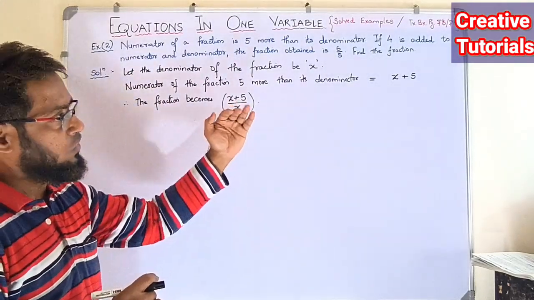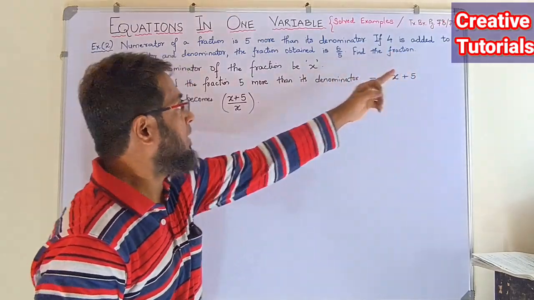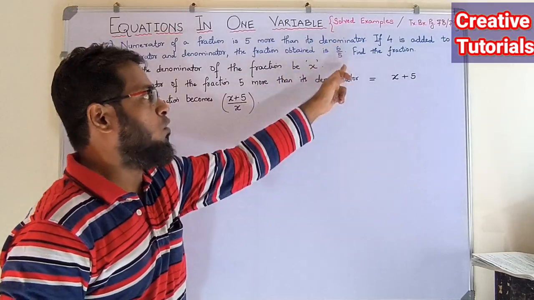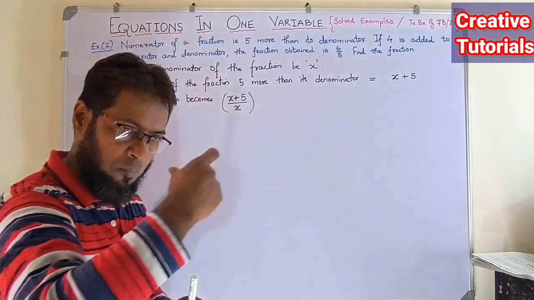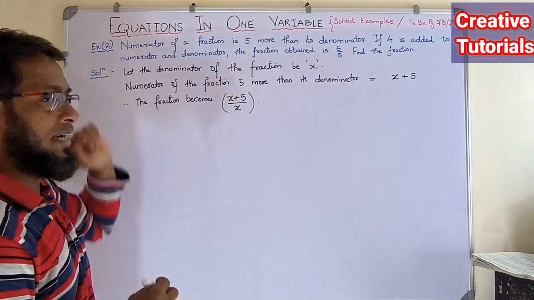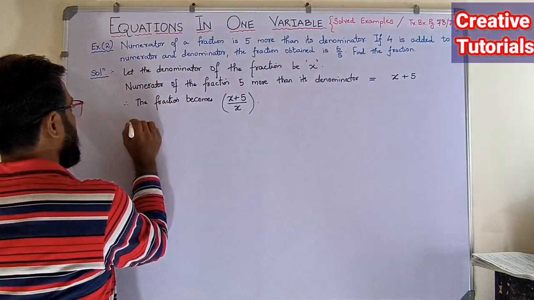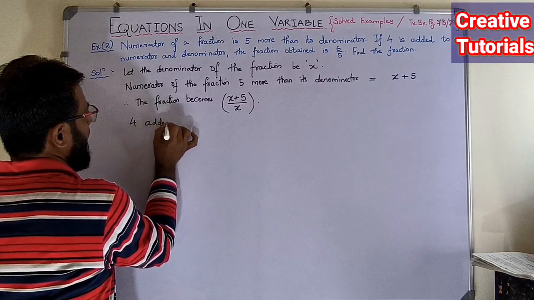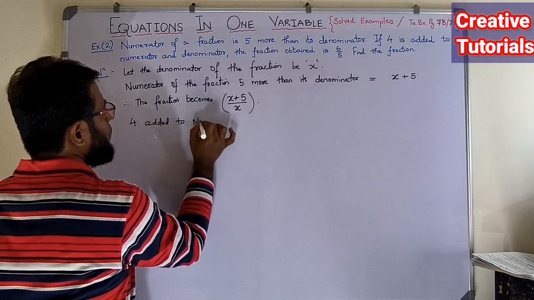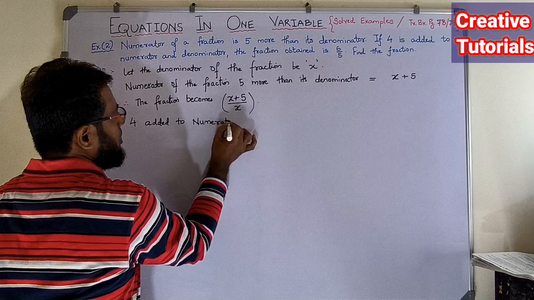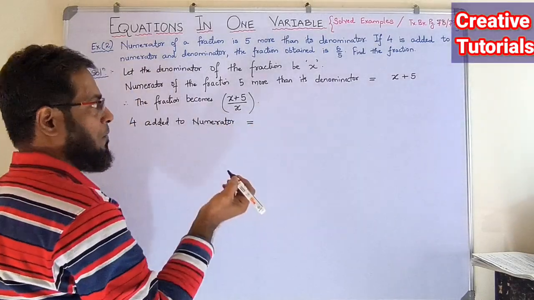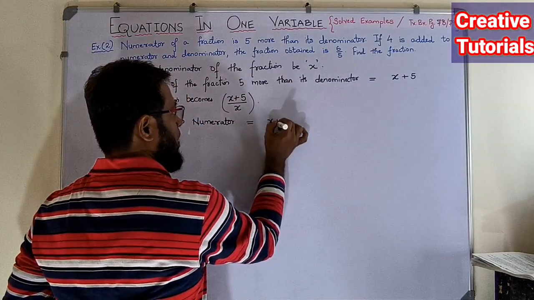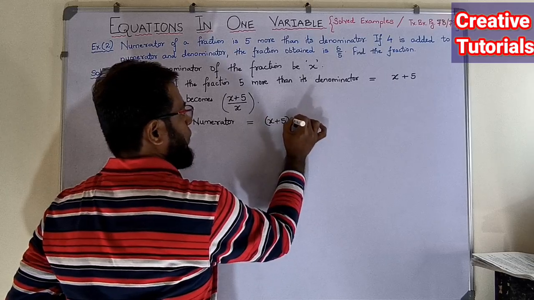Perfect. Now it is further told to us that if 4 is added to the numerator and denominator, the fraction obtained is 6 upon 5. So let us go part by part. If 4 is added to the numerator, the numerator we have got as x plus 5, so it is x plus 5 plus 4.